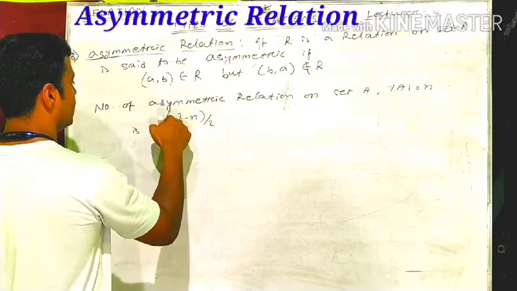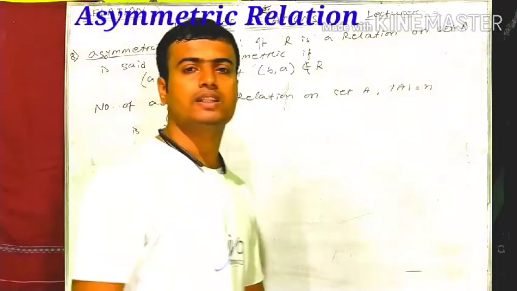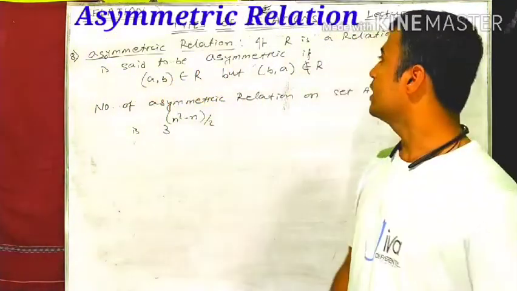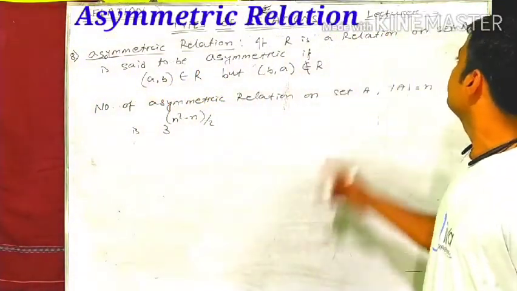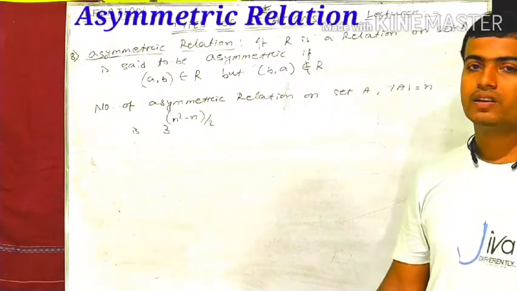This is the number of asymmetric relations on a given set. So a relation R on a set A is said to be asymmetric if (a,b) belongs to R but (b,a) does not belong to R.